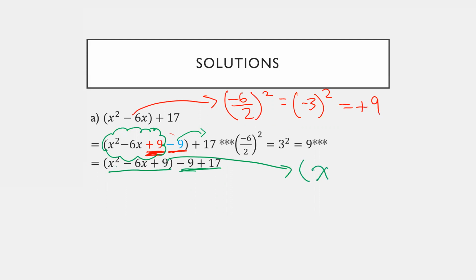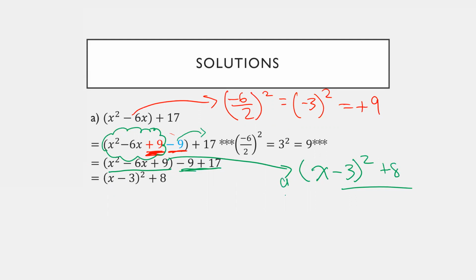The square root of x squared is x. The square root of 9 is 3. So I'm going to write this as x minus 3 squared. And negative 9 plus 17, I can simplify by adding them, which gives a total of 8 in this case, right? So we add on the 8 there, and then we end up getting x minus 3 squared plus 8.